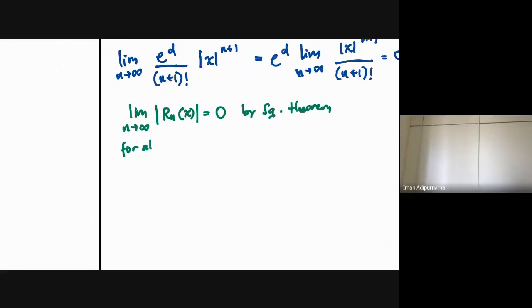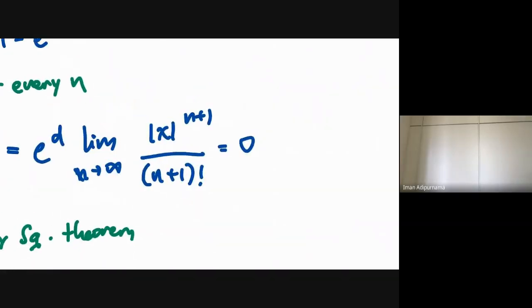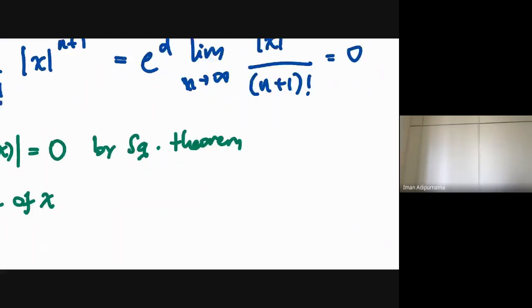for all values of x. Because from here, this n is 0, so it works for every x.